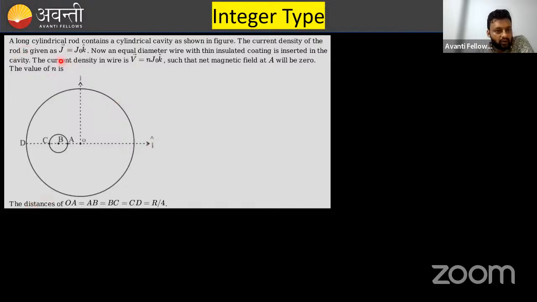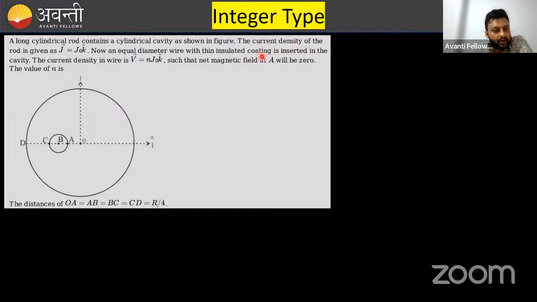A long cylindrical rod contains a cylindrical cavity as shown in the figure. Okay, radius OA, OB, no, OA AB BC CD. That means radius is R actually. The current density of the rod is given J naught K cap.